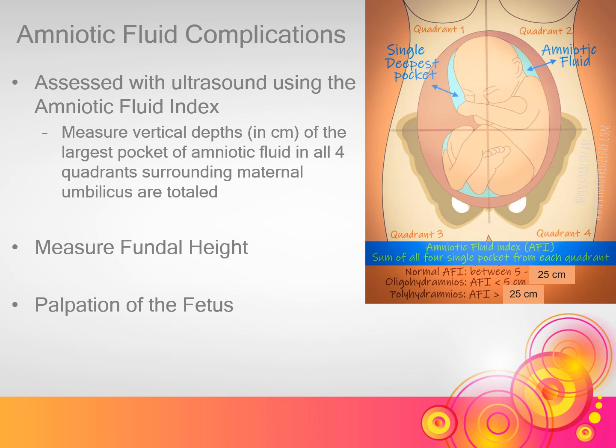So what we're going to do is measure the vertical depths in centimeters of the largest pocket of amniotic fluid in all 4 quadrants surrounding maternal umbilicus, and then we total them all. Okay, so if you look at your picture to the right, you can see the 4 different quadrants. They find the deepest pocket of amniotic fluid, measured in centimeters, add them all together. That gives us our index.